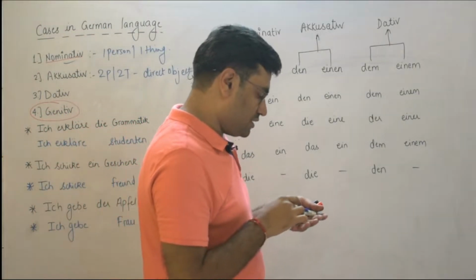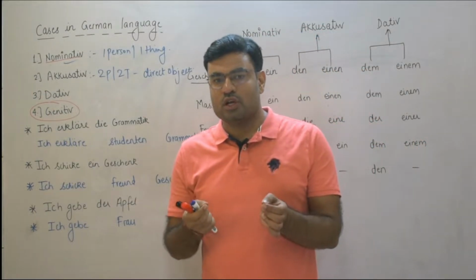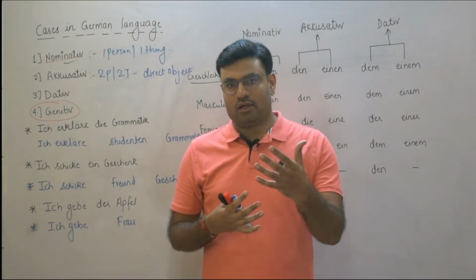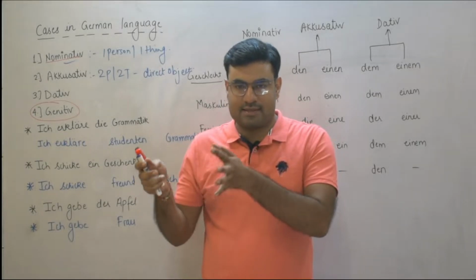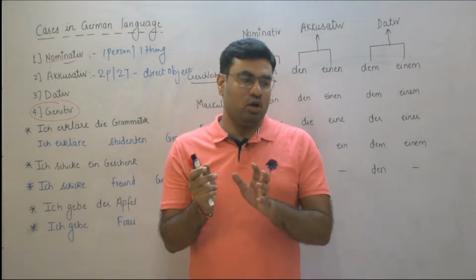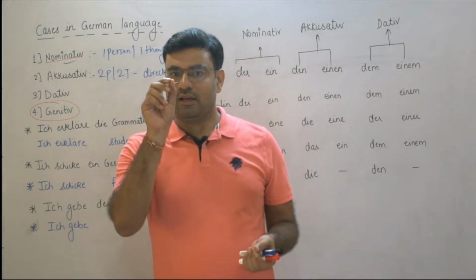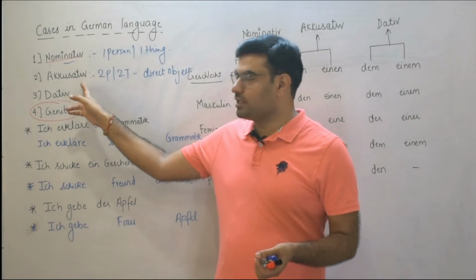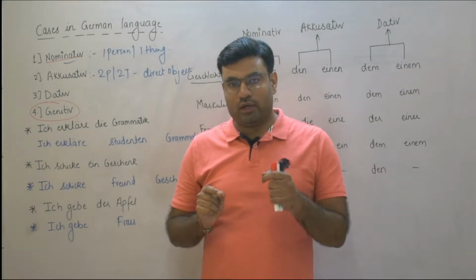Now, what is the dative case? The dative case is generally used to inform the reader that a work is done, the subject has done something, but for whom or to what? We have a direct object in the accusative case; in the dative case, we have an indirect object.